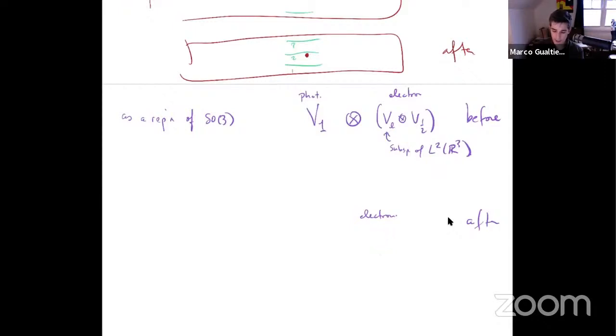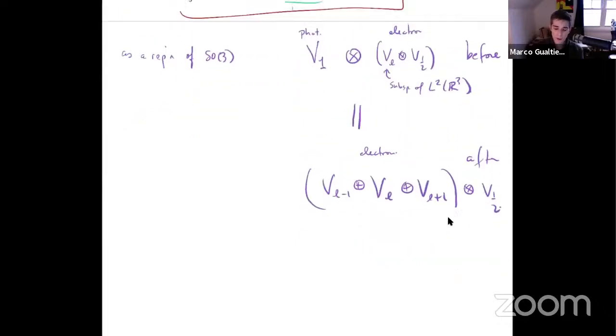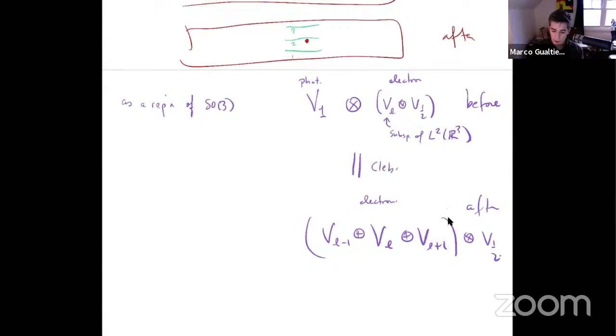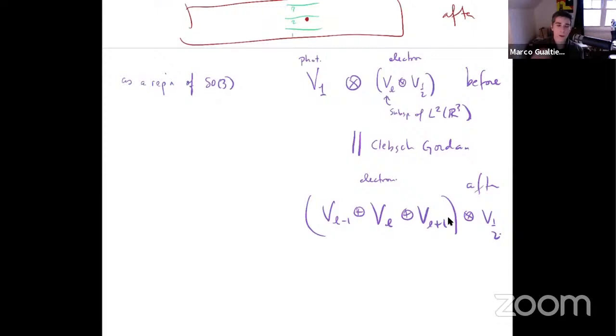And at the end, it's got to be somewhere. So what can it be? If we tensor these together, this decomposes as V(L-1) plus VL plus V(L+1), all tensored by V1/2. This is using the Clebsch-Gordan decomposition.